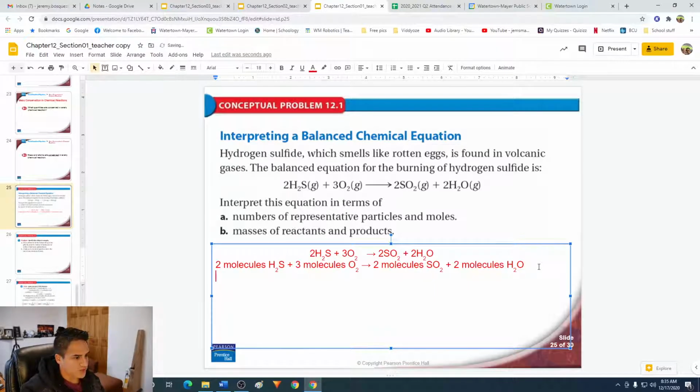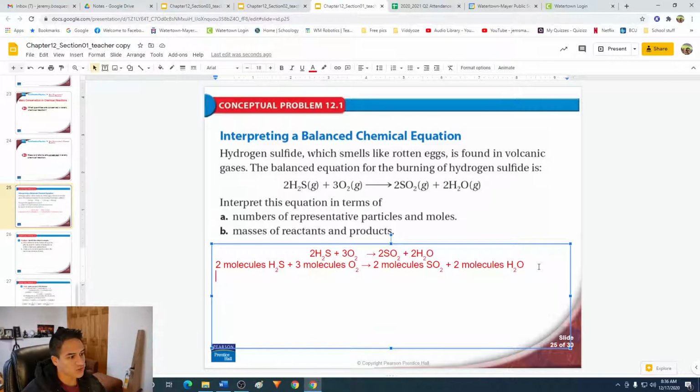Then we also have to write this in moles. So moles and molecules, even though they're not the same unit, can pretty much be interpreted the same way. Because remember that a mole is just a very large number of molecules, okay? But the ratio is still the same.